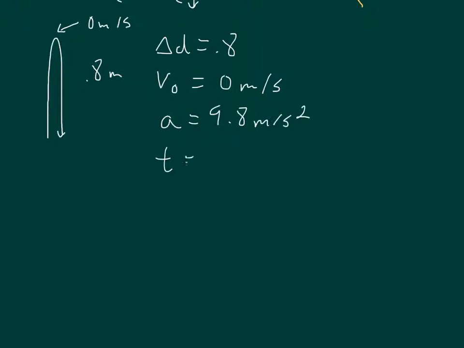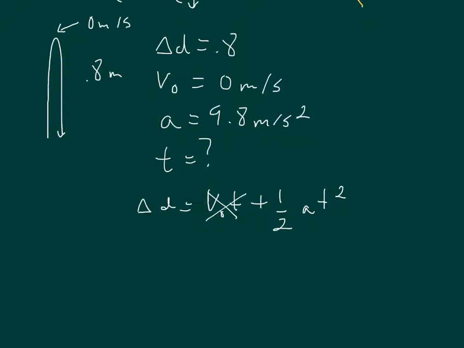And we are looking for that time, at least just the time it's going to take to go from its peak back to the ground. Right? And we're going to use the equation Δy equals initial velocity times time plus 1/2 at squared. Our initial velocity is 0, so this really doesn't matter right now.